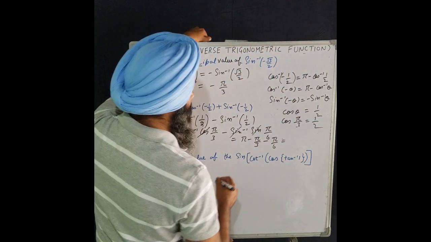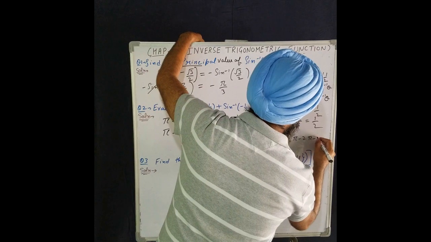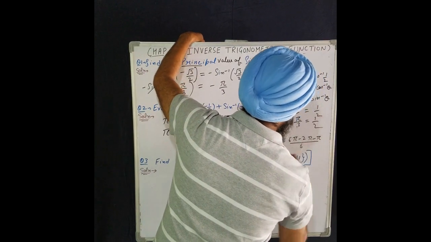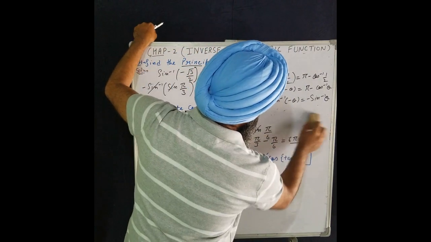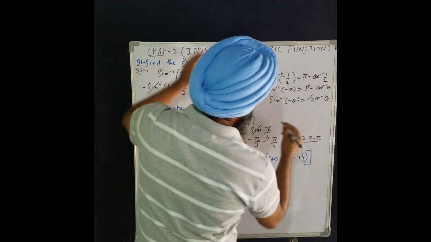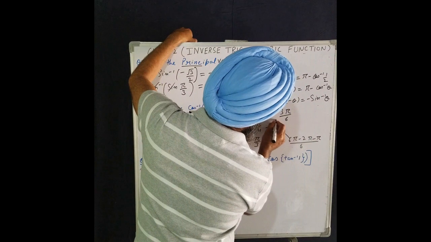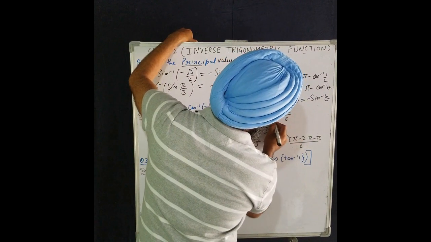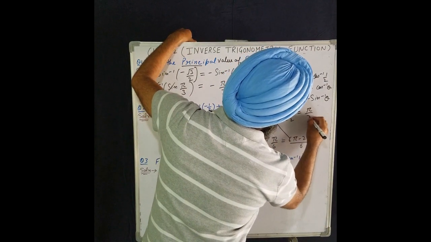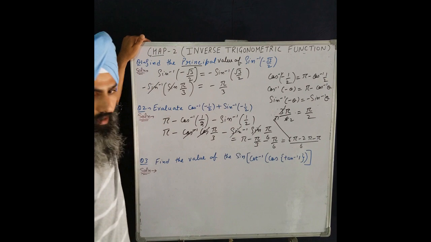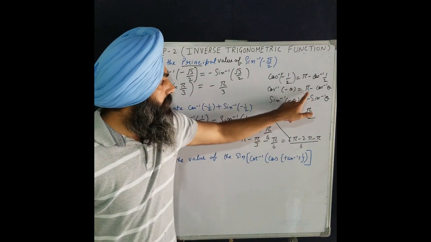When you take the LCM, the value comes out to be 6 pi minus 2 pi minus pi upon 6, that comes out to be 3 pi upon 6, beta. 3 pi upon 6, 3 ones are 3, 3 twos are 6, the value comes out to be pi by 2. I hope you understand this question. If you want to eliminate the minus sign, you have to write it in the form of pi minus cos inverse.